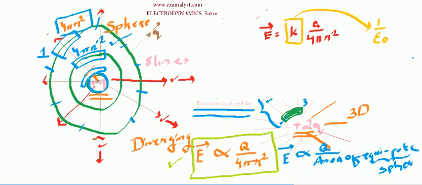The reason is, the electric field here is a field in space, and it was found that the value of the electric field will decrease if you take a charge and put the charge inside a wall. So we have two conditions here.